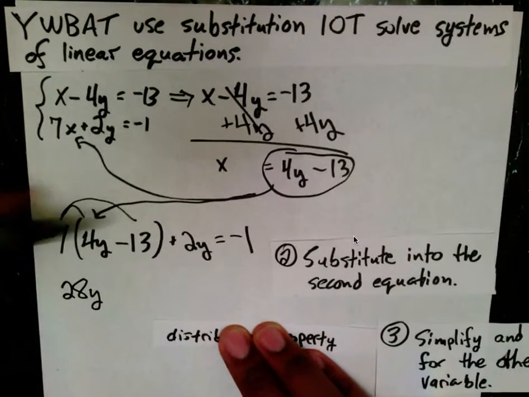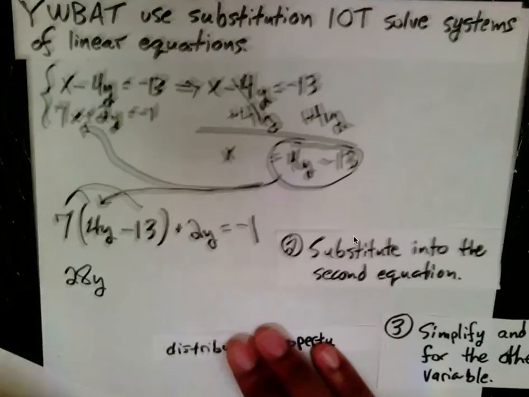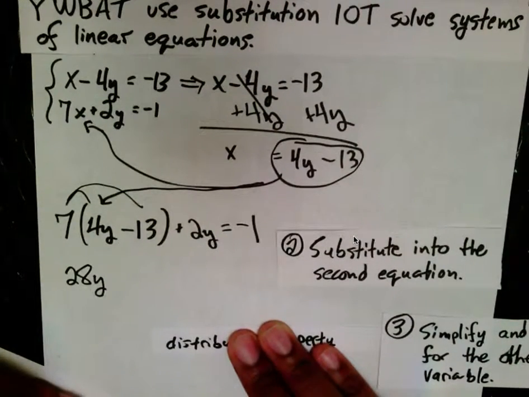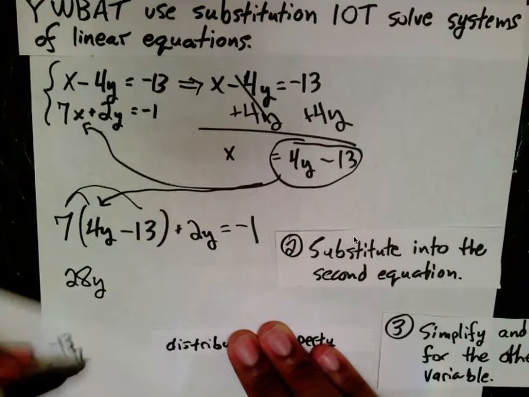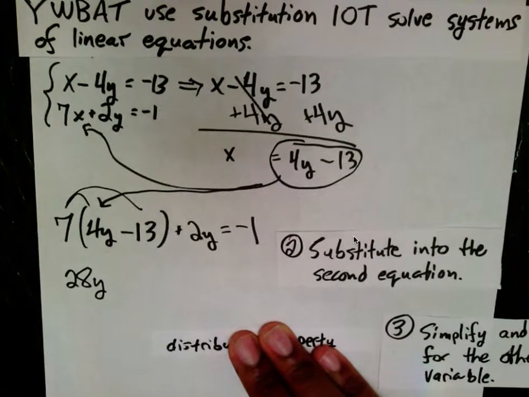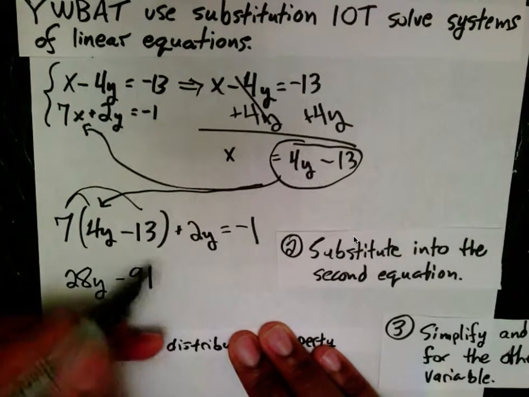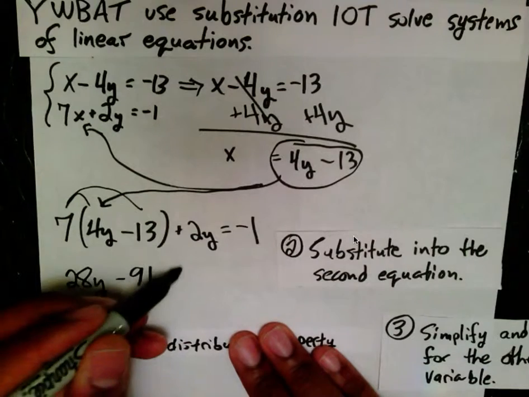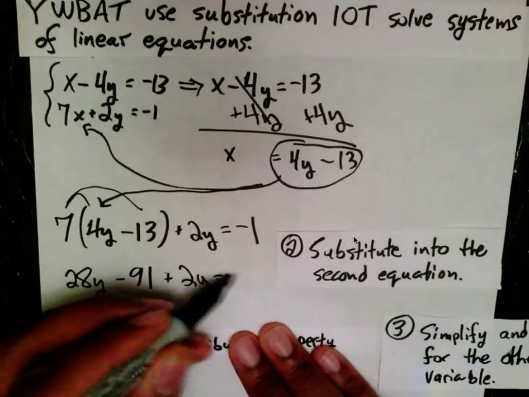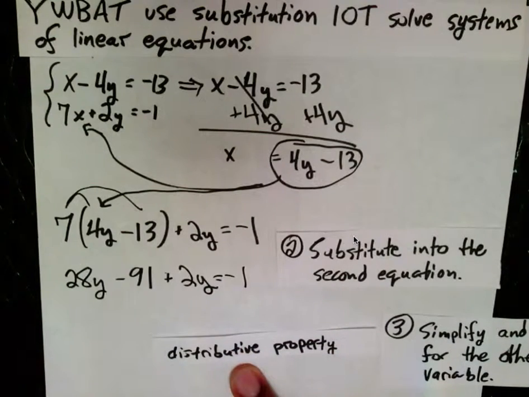7 times negative 13, a little sidebar here since I don't have a calculator, 13 times 7, that is 91. So minus 91, okay, let's finish writing, plus 2y equals negative 1, using my distributive property.